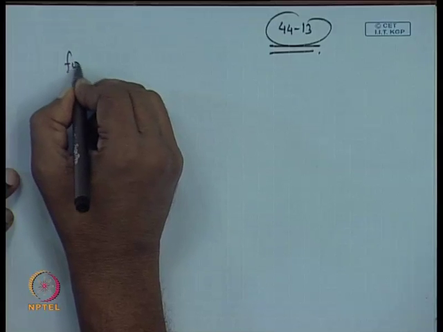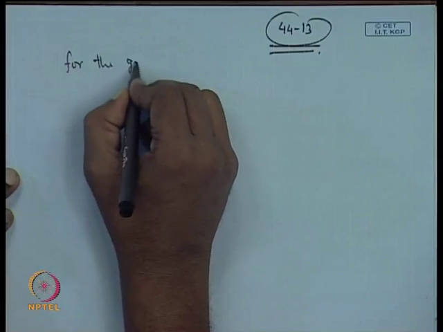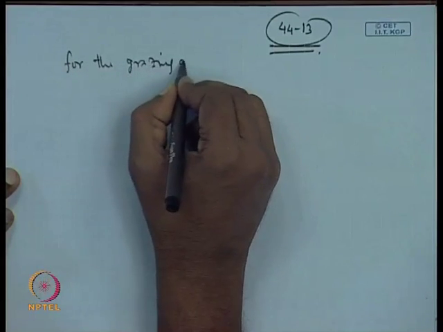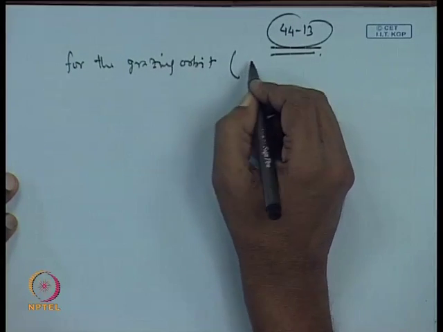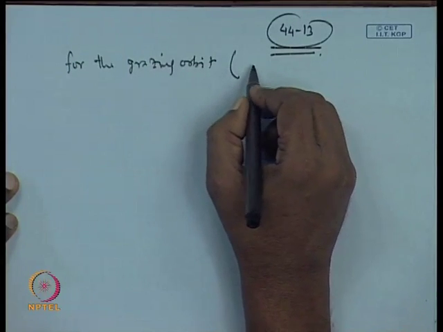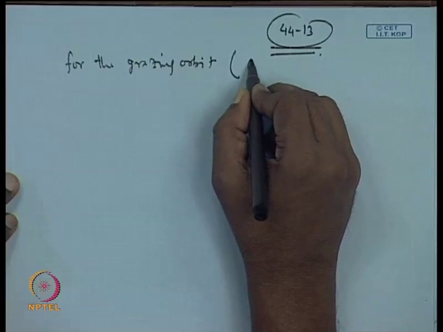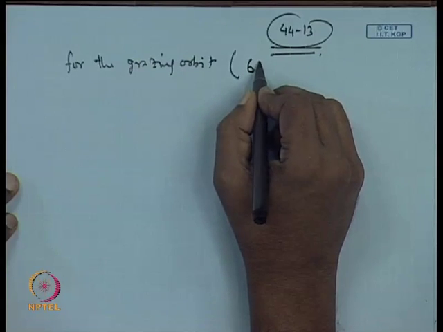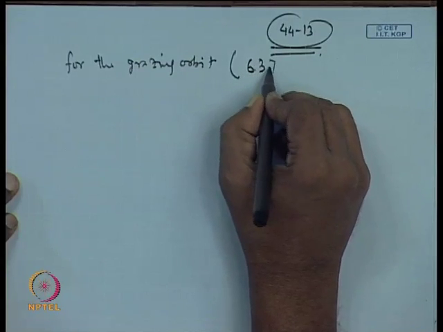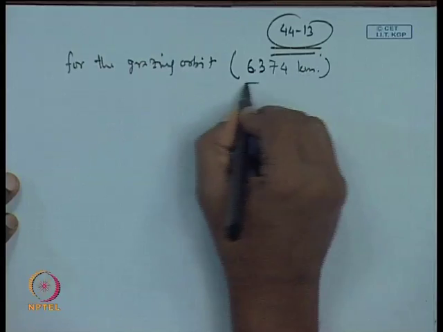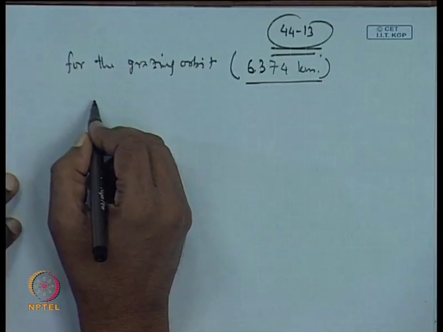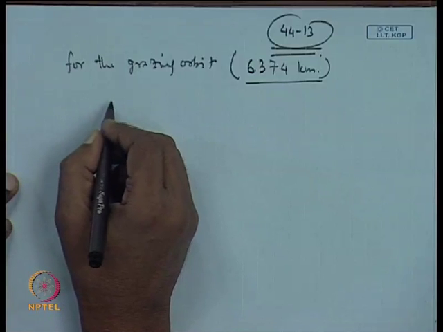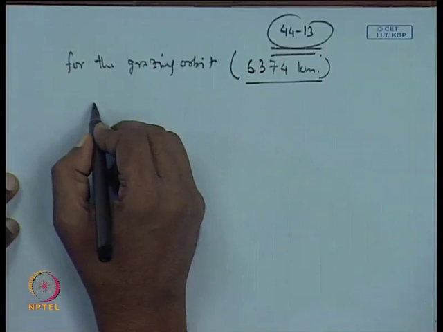So, for the grazing orbit, which means the orbit of the satellite is at the radius of the earth, 6374 kilometer is the radius of the earth. Based on this calculation, the following results can be obtained.